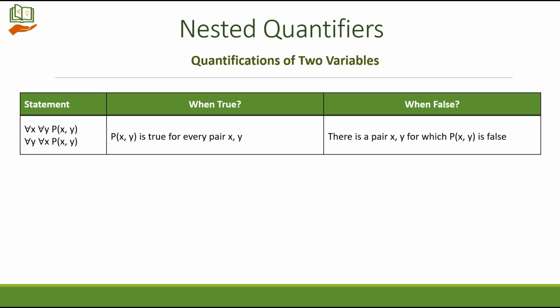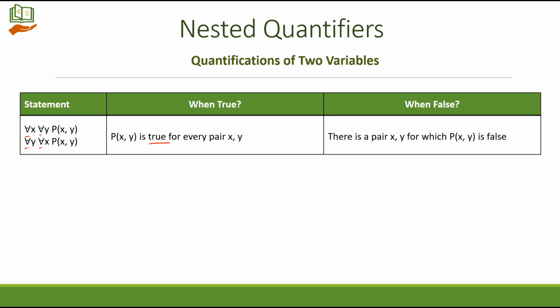We saw the order of the quantifiers is important unless both belong to the same quantification part. So here we have same quantifiers, here also we have same quantifiers. So we can treat it in the same way. P of x comma y is true for every pair x comma y. This is when it is going to be true.